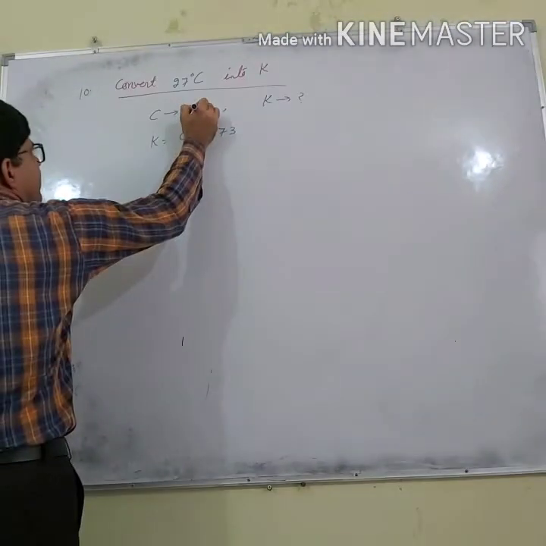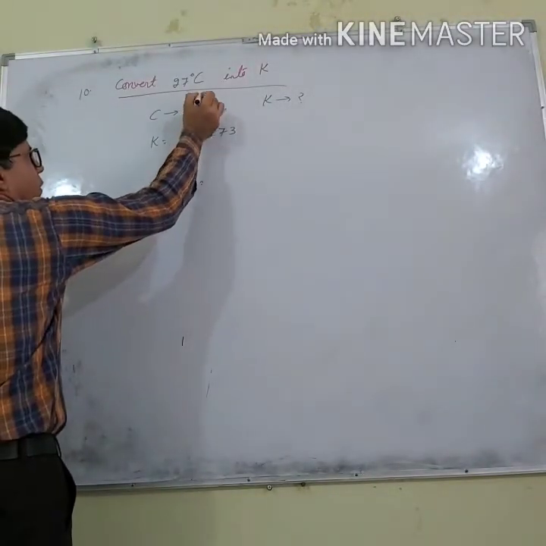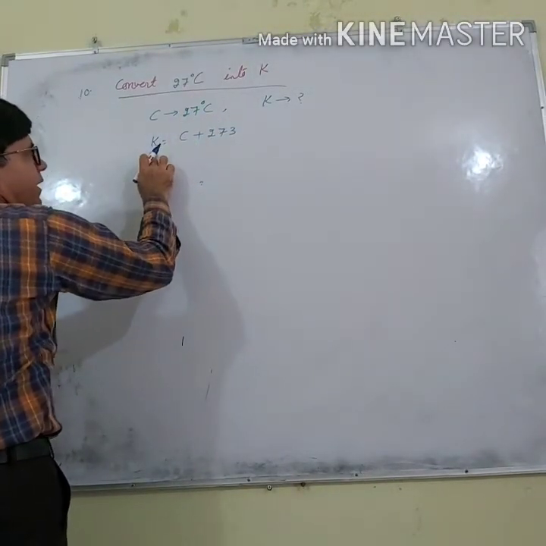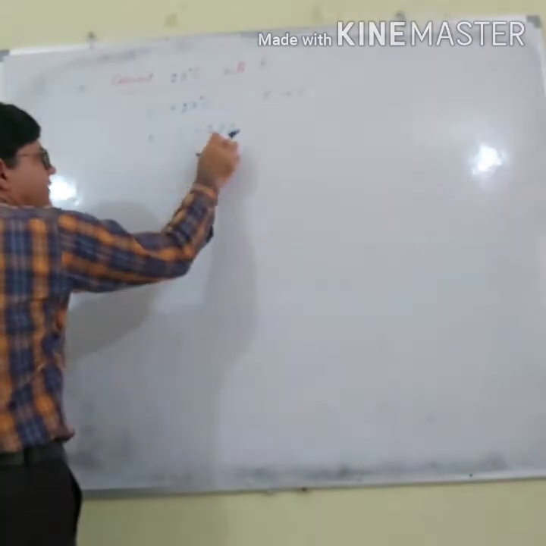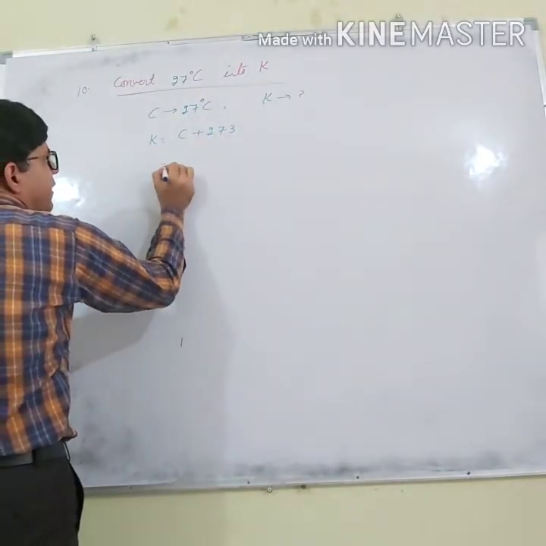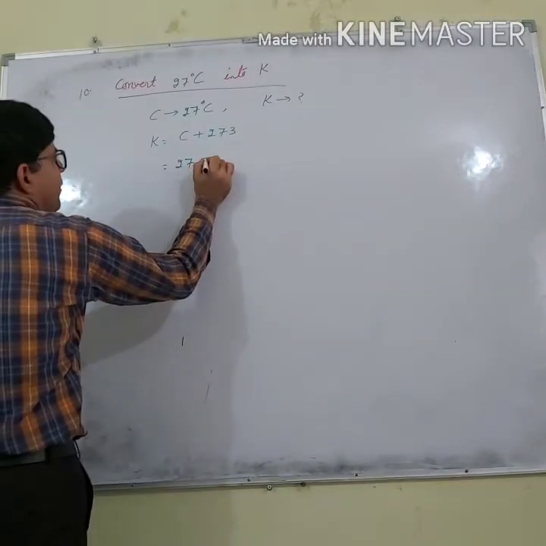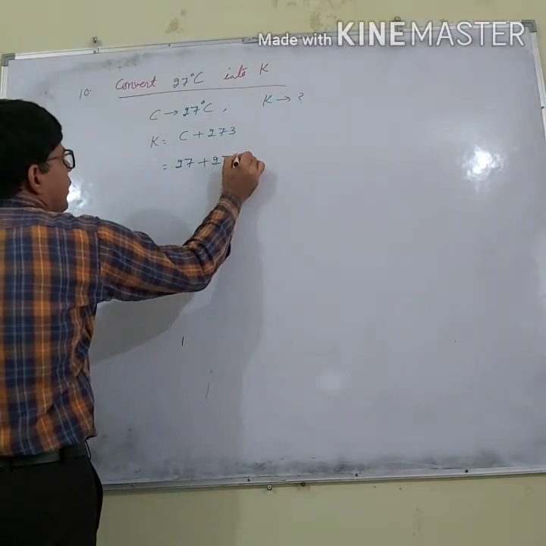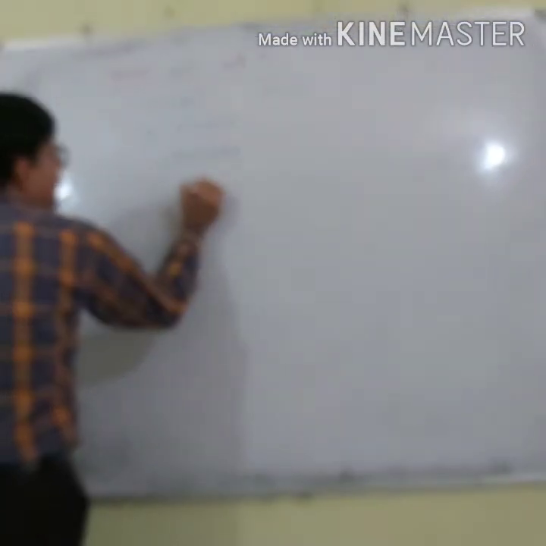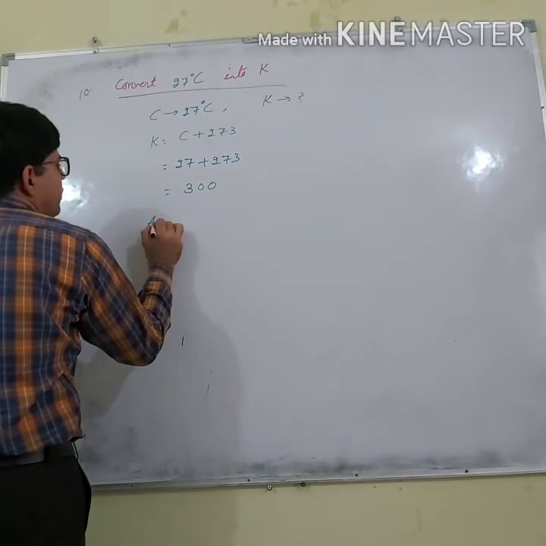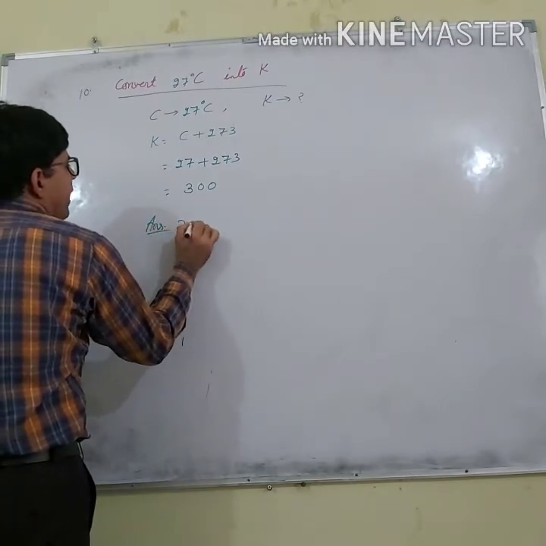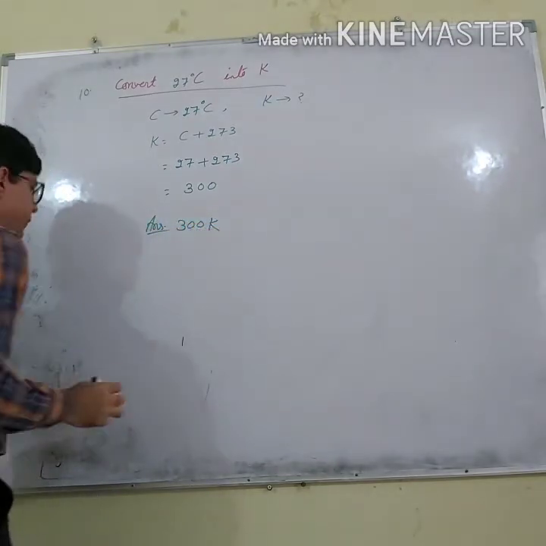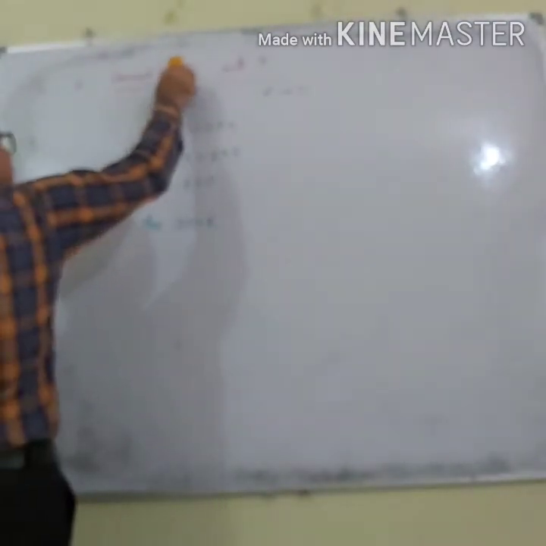So let us say C is 27 degrees Celsius. So formula is K is equal to temperature in Celsius plus 273, and this is 27 plus 273. When you add it, it will be 300. So answer is 300 Kelvin. Right?